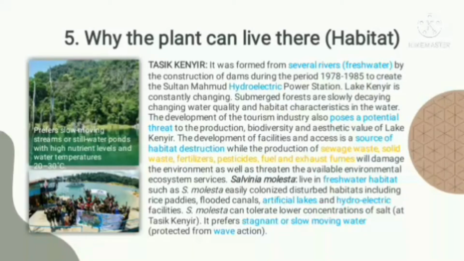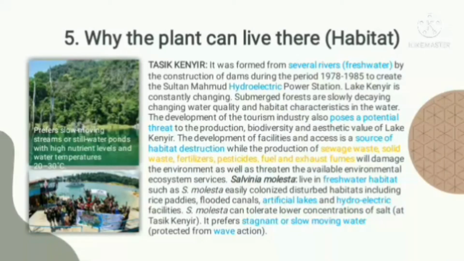And Salvinia molesta can tolerate lower concentration of salt. For example, like Tasik Kenyir, it prefers stagnant or slow-moving water that is protected from wave action.